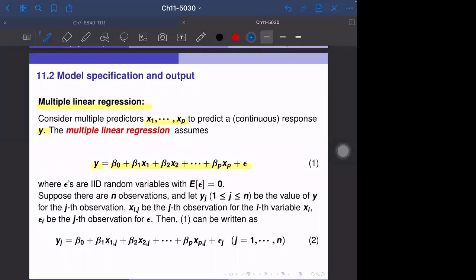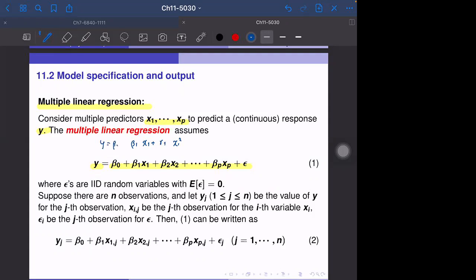For example, if you want to include the square of x1, it's possible to put that term in, maybe with gamma 1 or something, and it's still linear with respect to beta.